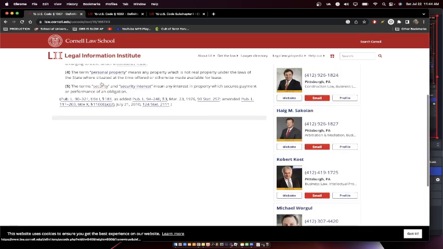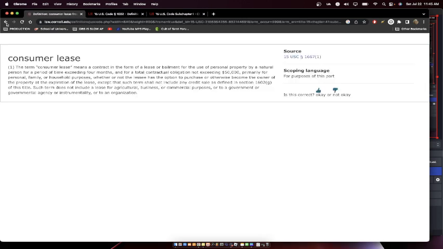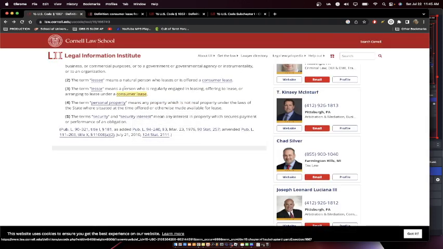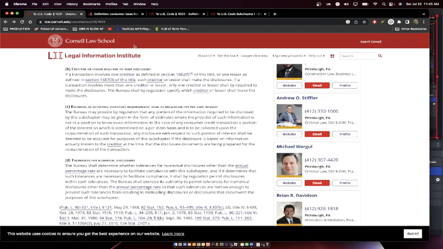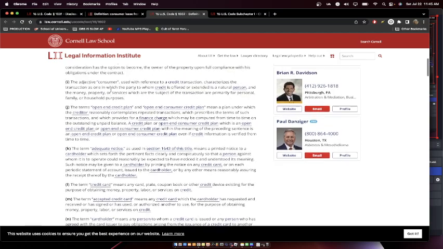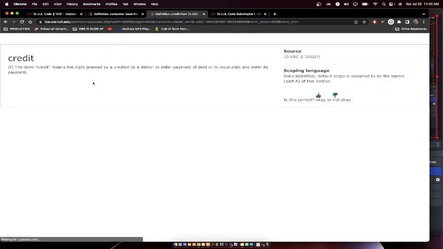Let's go back to lessor and consumer lease and see if we can compare consumer lease to credit. The term credit means the right granted by a creditor to a debtor to defer payment of debt.